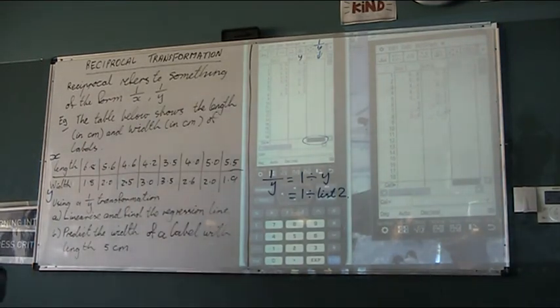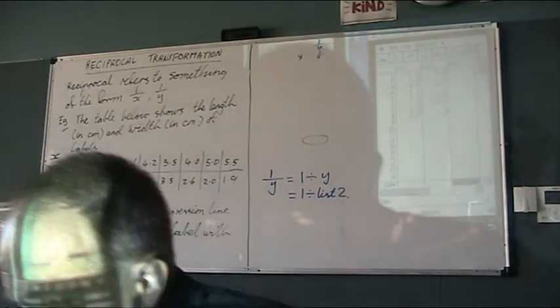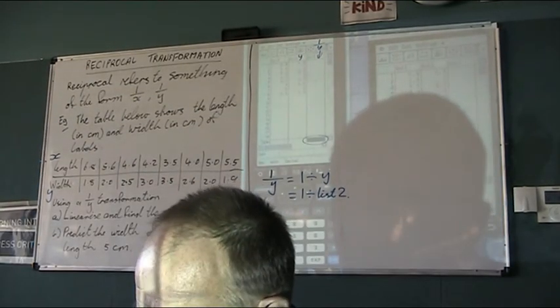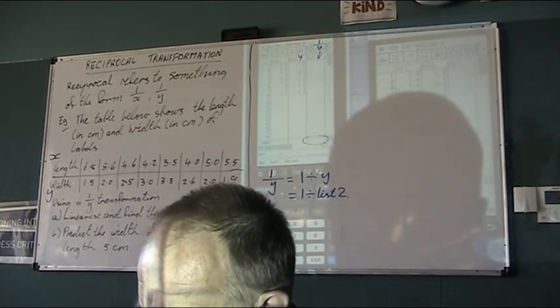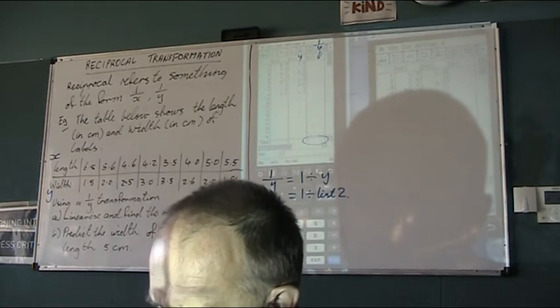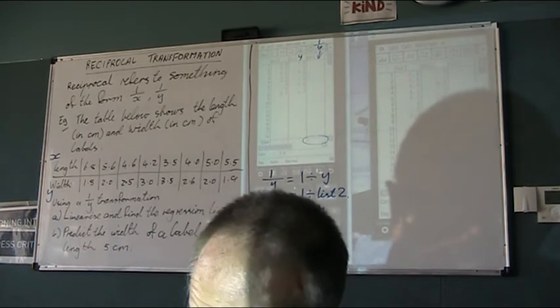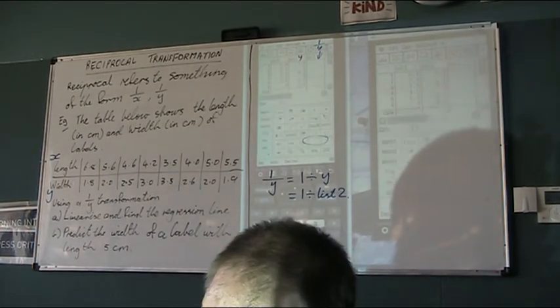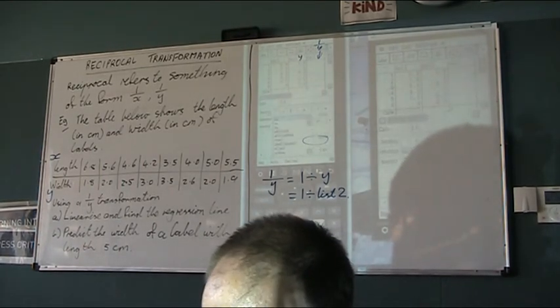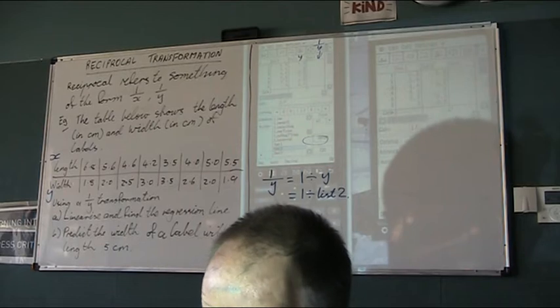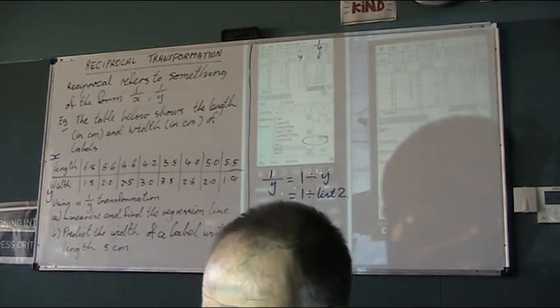To get to list 2, you go to the catalogue, keyboard, catalogue, L, scroll down to list 2. Input that, execute that, and there we go.